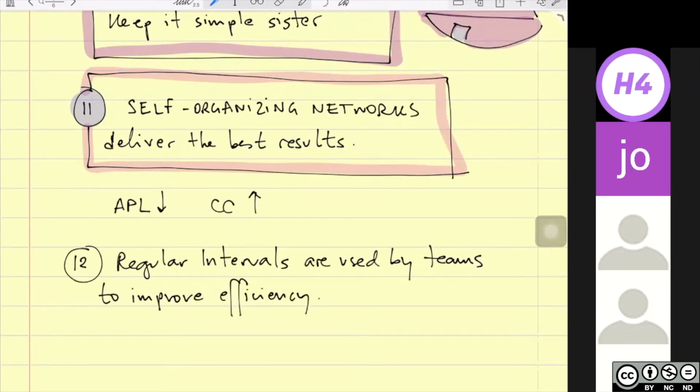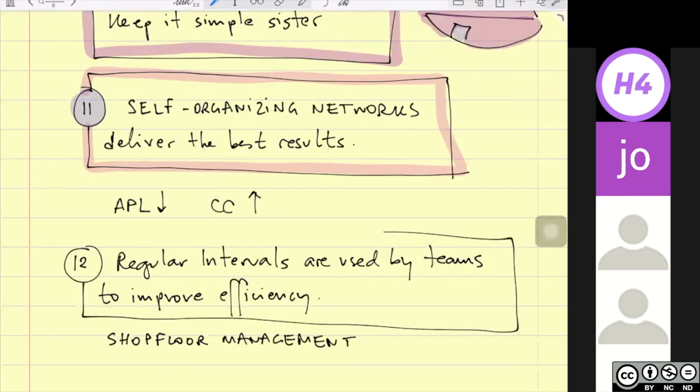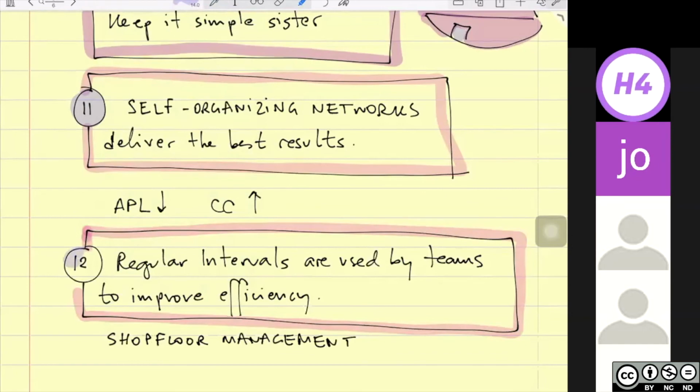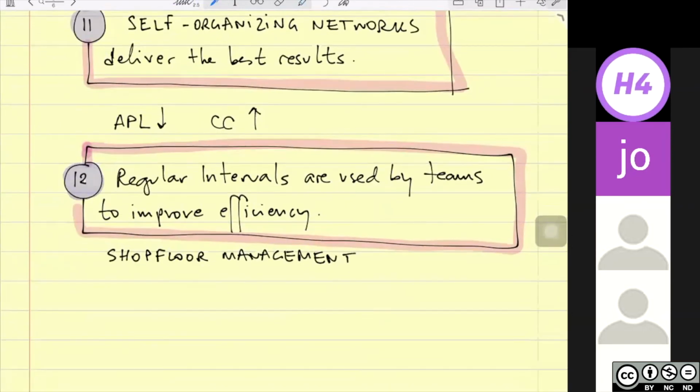This is what is called shop floor management. And we will look at this next week. Regular frequency, regular intervals are used by teams to increase efficiency, meeting every week, meeting every day, meeting every month, and so on and so forth. Okay, this is called shop floor management, and we will talk about this next week.